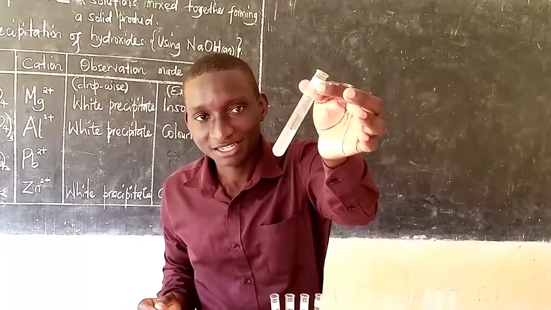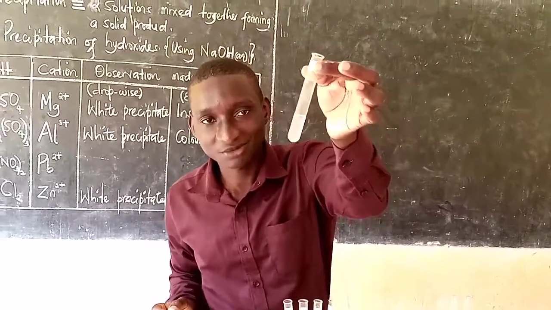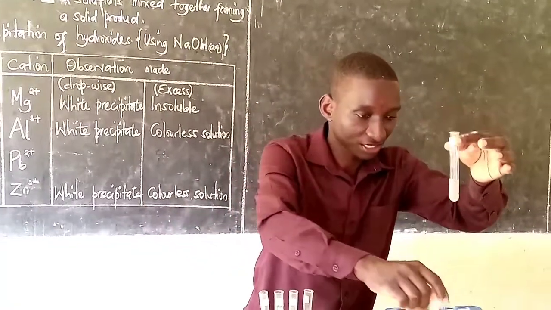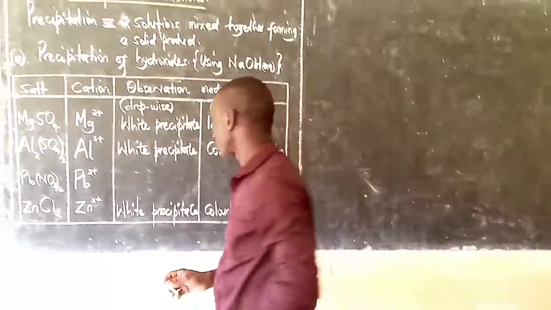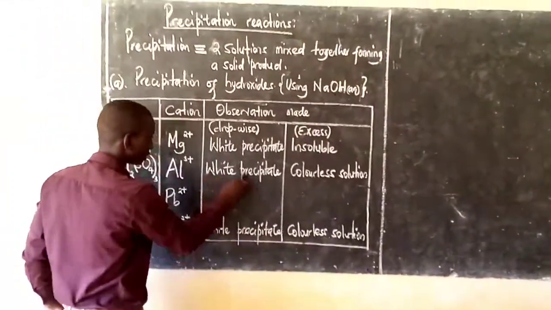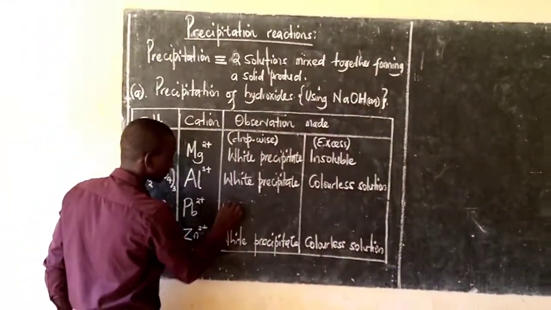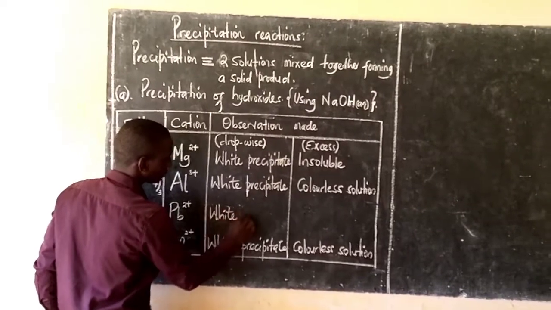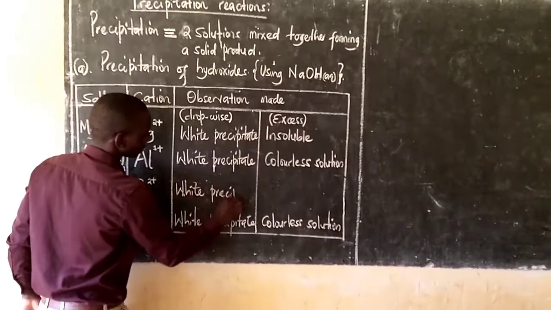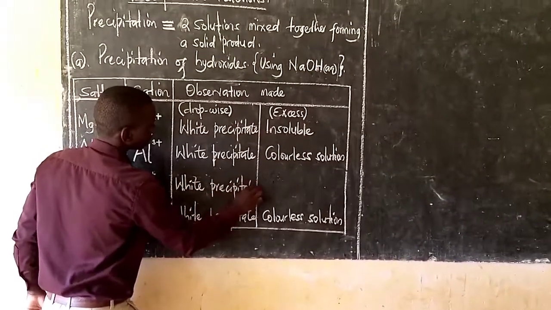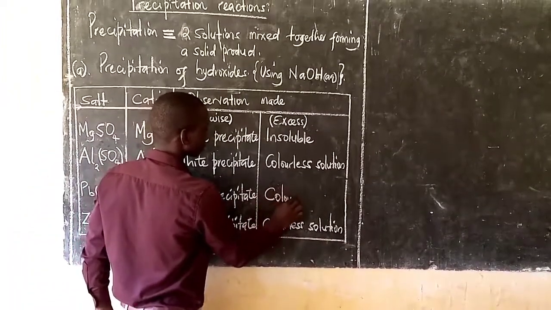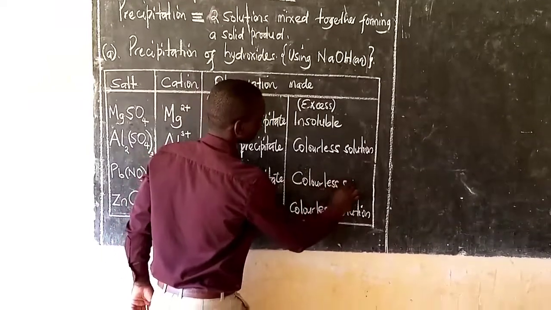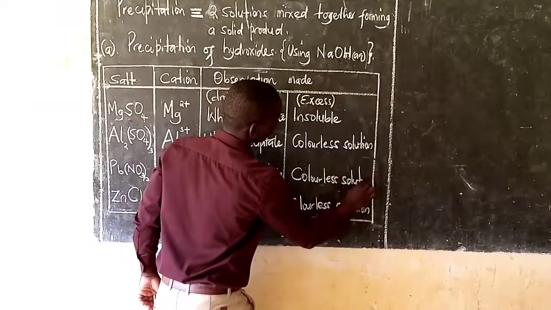We can see that what was originally a white precipitate has now turned into what? A colorless solution. So we report that for the lead, dropwise addition gives us a white precipitate, and then in excess, it also gives us a colorless solution.